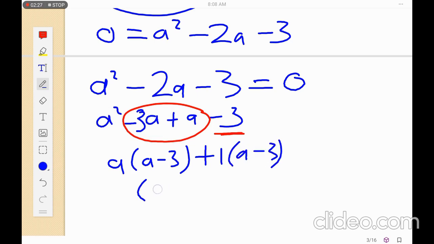So my common factors are a plus 1 and a minus 3. These are the common factors.